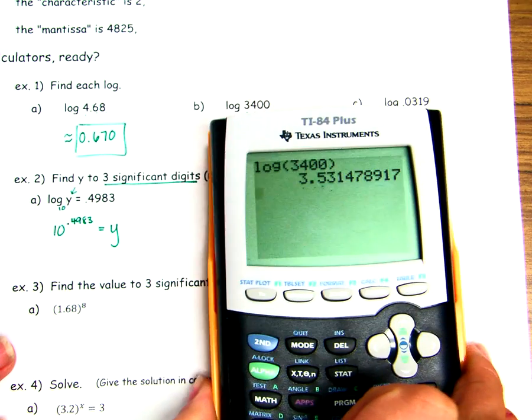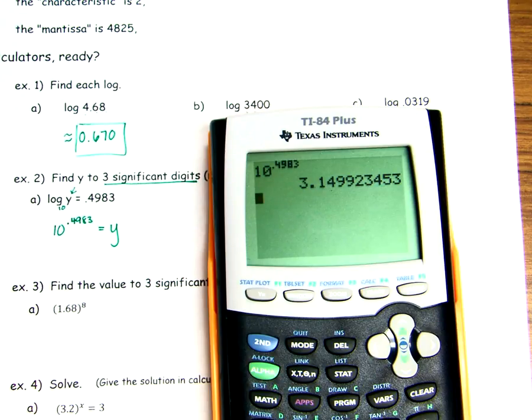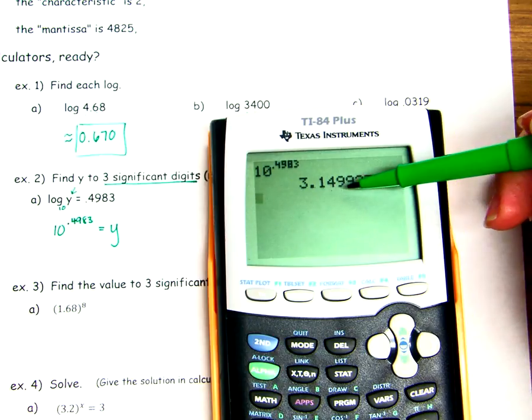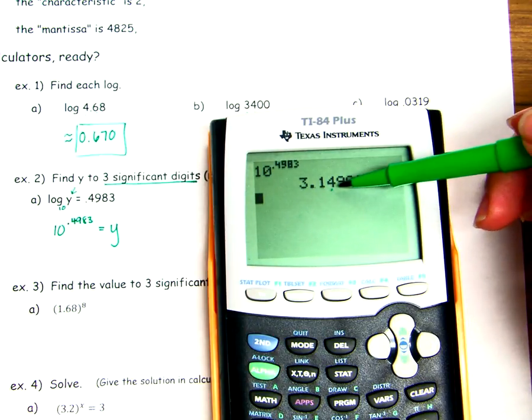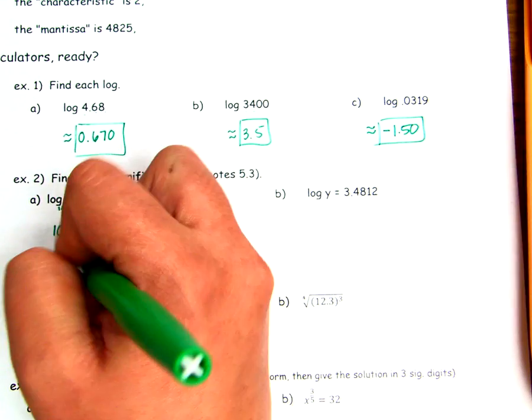So we go to our calculator, then we go 10 raised to the power of 0.4983, and we get 3.1499. In this case, I want to round to 3 significant digits. So that means 1, 2, 3, but I need to round. So this 9 is going to turn that 4 into a 5, so this is going to be approximately 3.15.